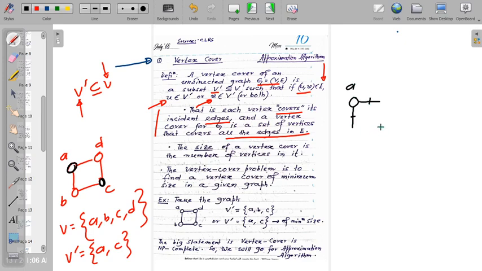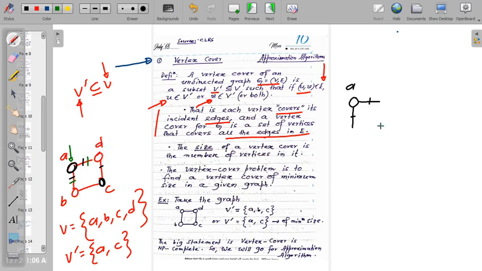Now how many edges do we have in the graph? 1, 2, 3, 4 edges. Out of these, two are covered by this vertex A, but we still have edges left.